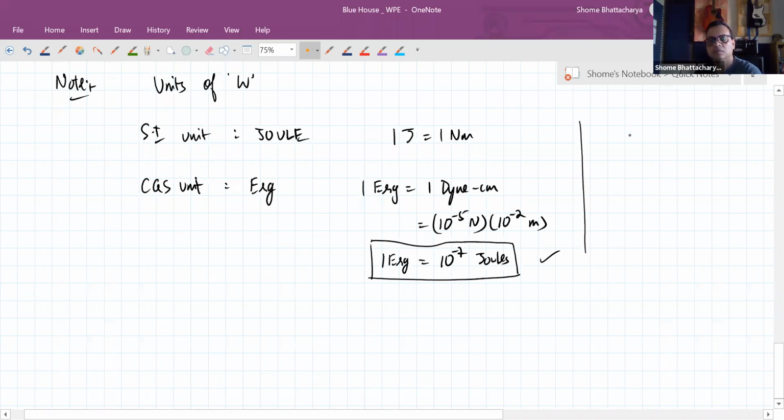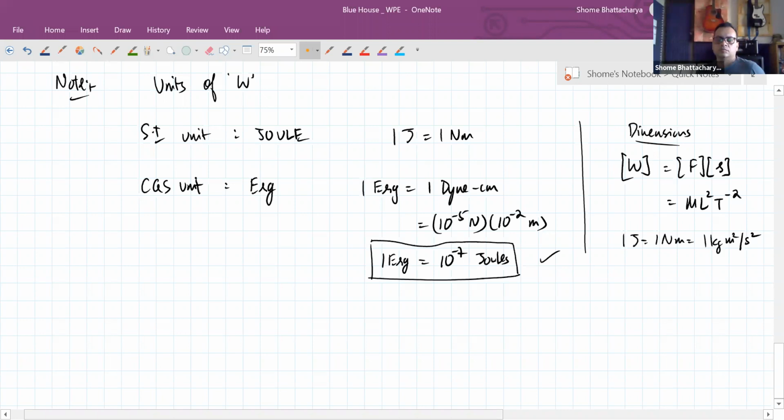Also dimension. Incidentally, at a later stage, we will see that work and energy have the same unit and dimension. And that is not a coincidence because the two are very related to each other.